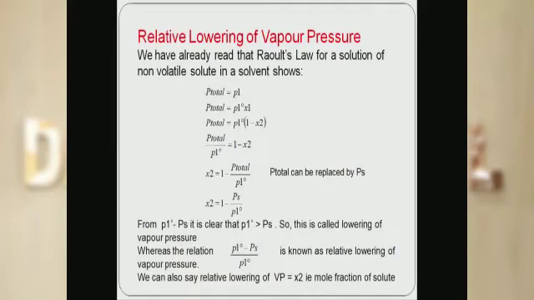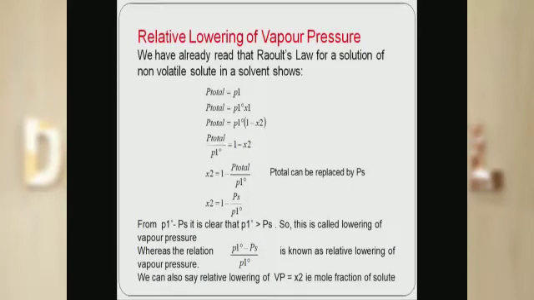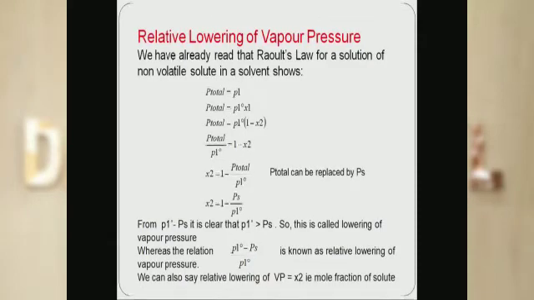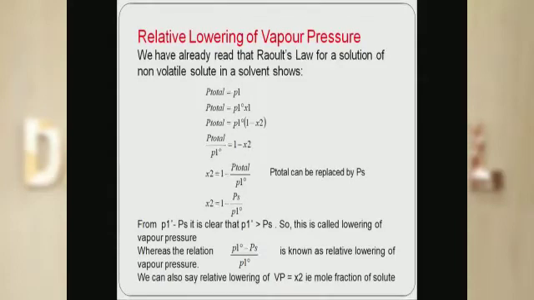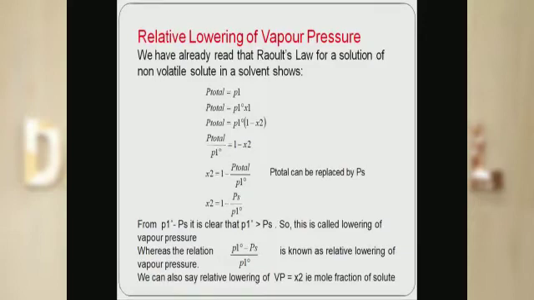Replacing X1, we have P total equal to P1 naught into (1 minus X2), where P1 naught is the partial pressure of pure component 1 and X2 is the mole fraction of component 2. So we can derive the relation from here: P total upon P1 naught is equal to 1 minus X2.